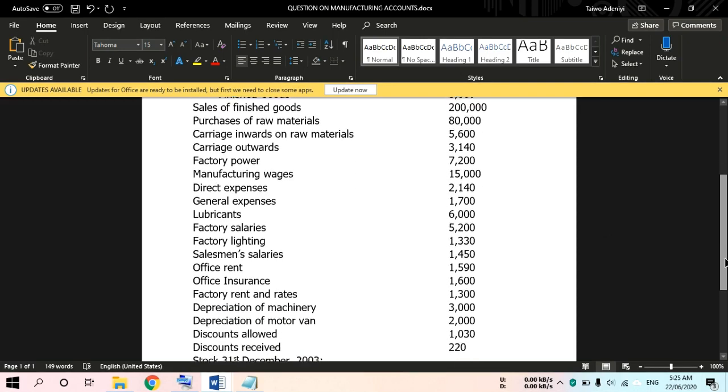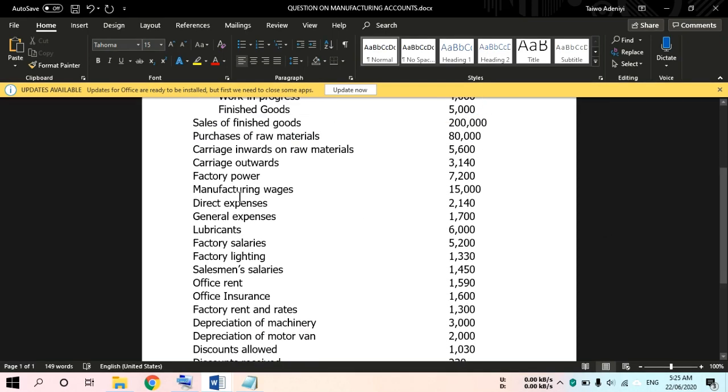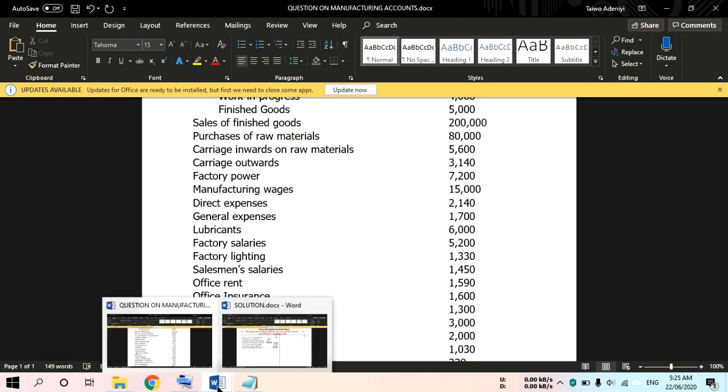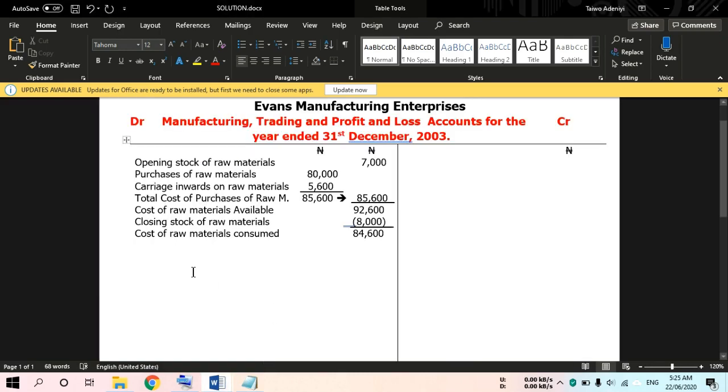So that means these two items, manufacturing wages of 15,000 naira, will come over here. We'll say add manufacturing wages, that's 15,000 naira.